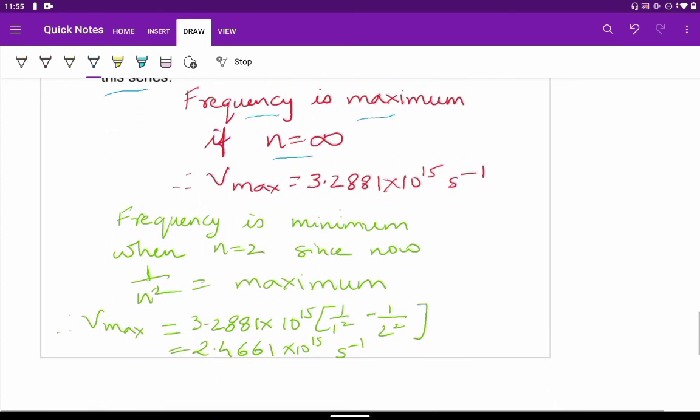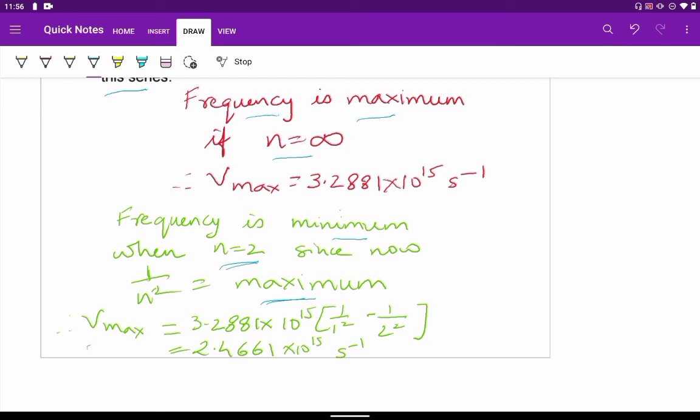Now if we go for the minimum value of frequency, we find that frequency will be minimum when n equals 2, that is, it has just jumped to the second level, because now 1 by n square will be the maximum. So when 1 by n square is maximum, we get the minimum value, that is 2.4661 into 10 to the power 15 s to the power minus 1.